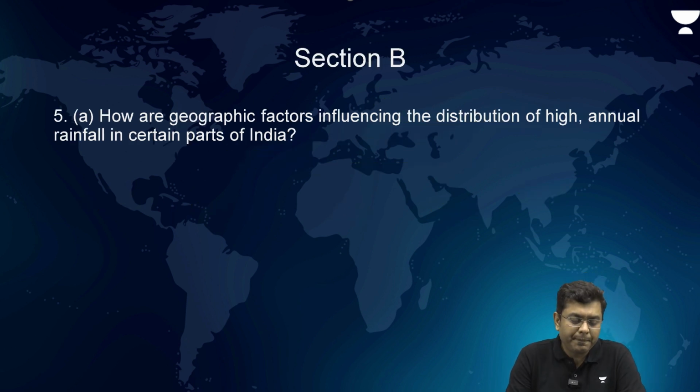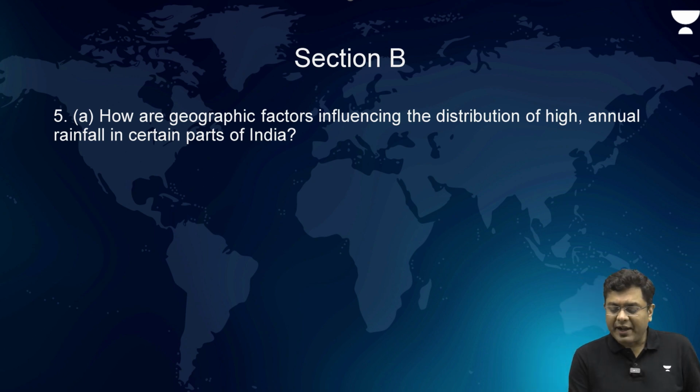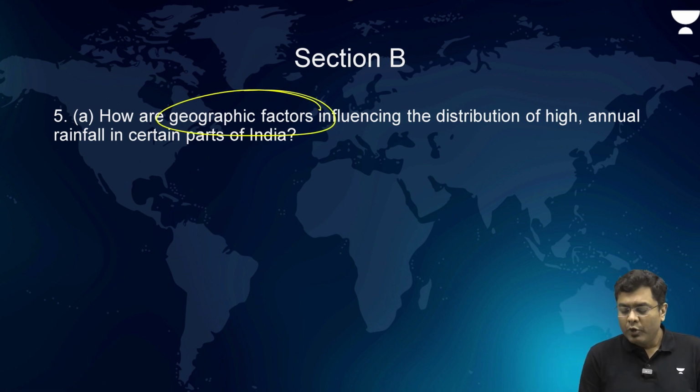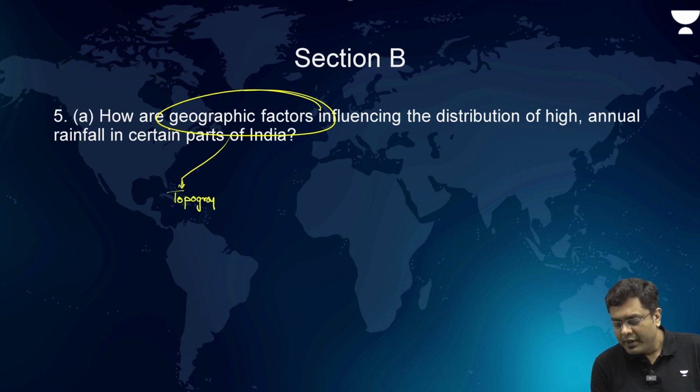Then in section B, how are geographic factors influencing the distribution of high annual rainfall in certain parts of India? So here, what are the geographical factors? One is the topographic factor. In the case of the topographic factor, give the example of the northeastern part and also the Western Ghats.